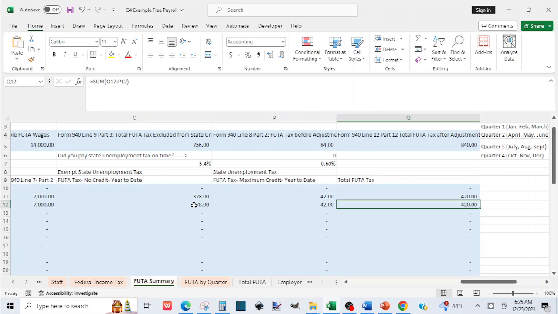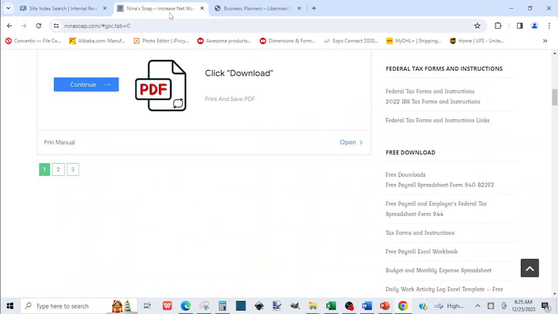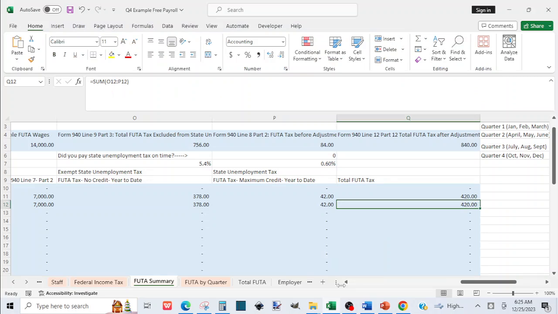The one we have, the free version on our website, is the free payroll spreadsheet Form 940, and that is the version that I'm using. But the version that I'm using has been updated this month of December to add that extra condition. The one that I just pointed out is the way it behaves.